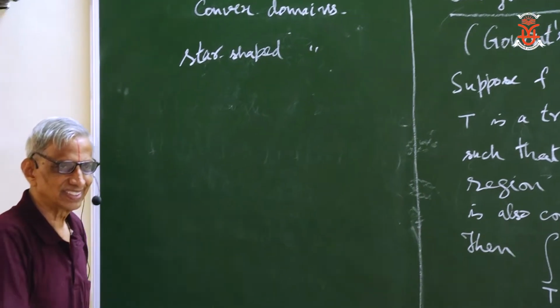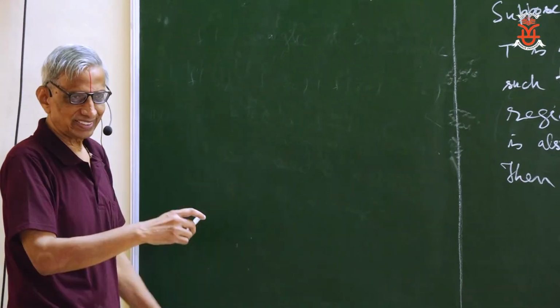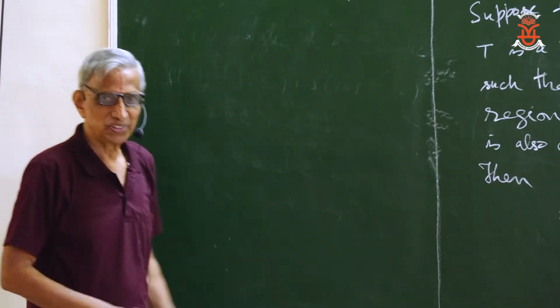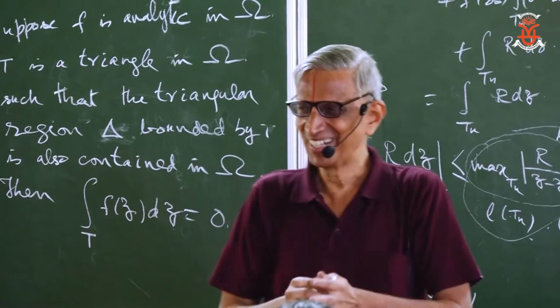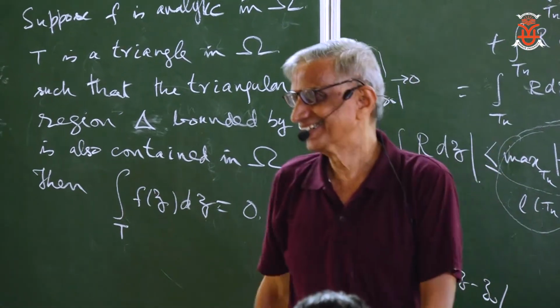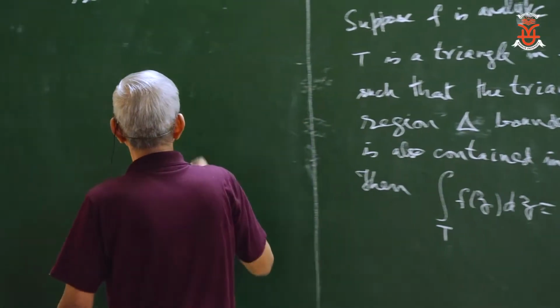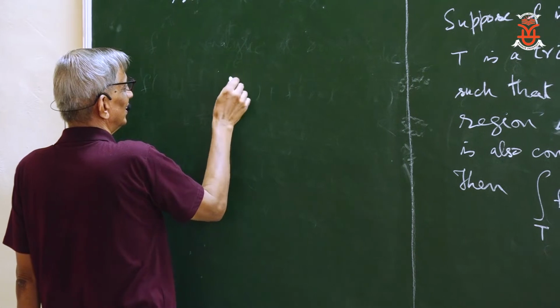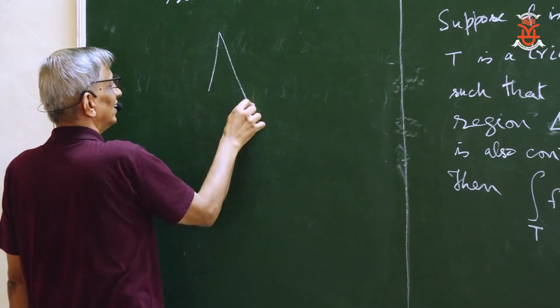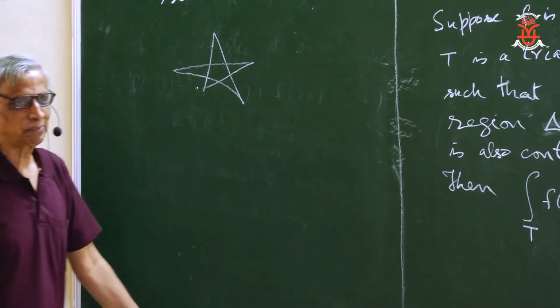What is the shape of a star? Of course, the actual shape of a star is round, the way we see the star. Right?